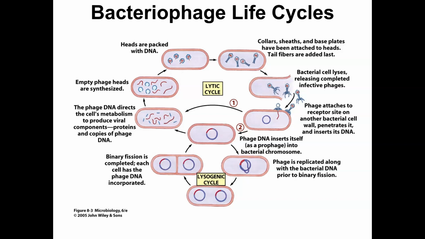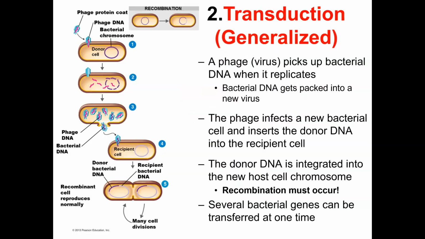So why does this apply to transduction? Because nothing in nature is perfect. Mistakes happen. And transduction is a mistake during the lytic cycle. All right, so different diagram here, similar story though.